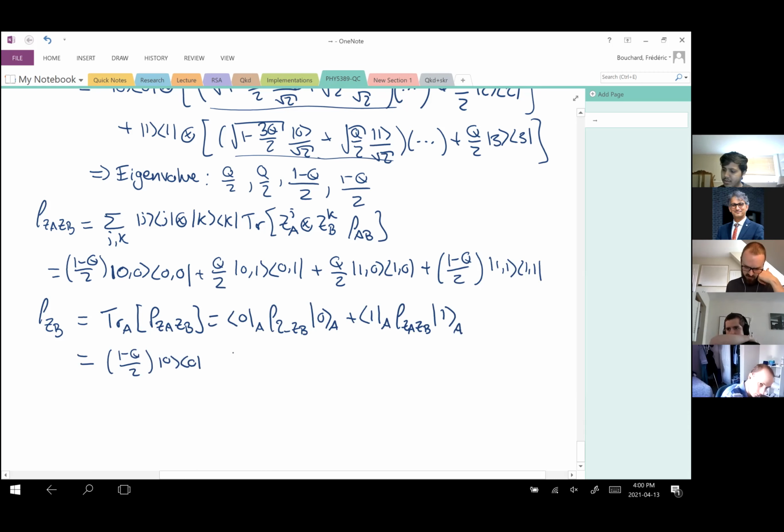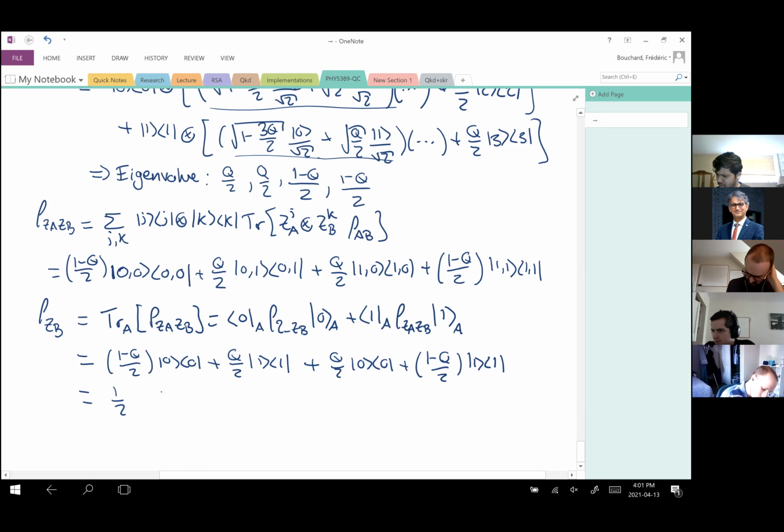You'll also get Q over 2, 1, 1. The other one, Alice's state is not 0, so you don't get anything there. And for the 1, 1 states, you get Q over 2, 0, 0 and 1 minus Q over 2, 1, 1. If you simplify this, what you find out is that this is a completely mixed state.